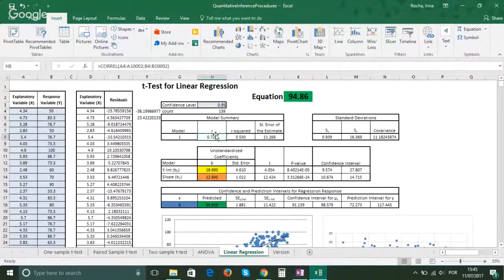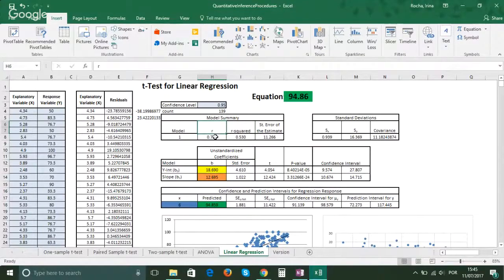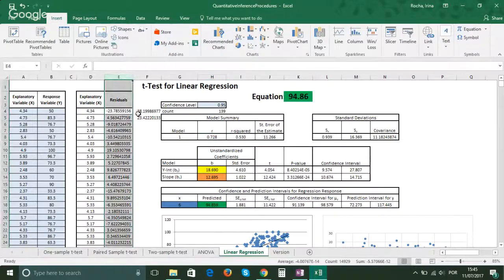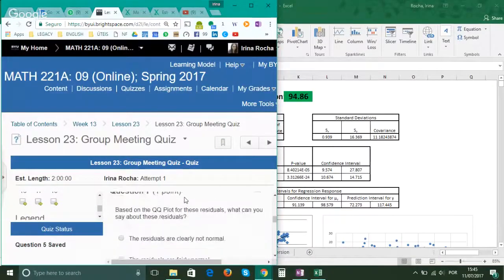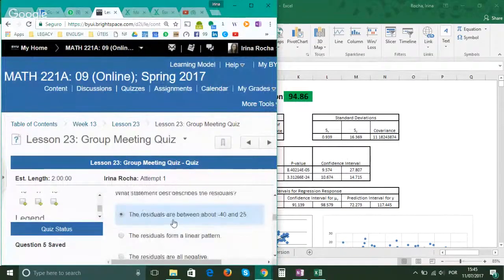So what I did is, because I didn't find, like, we have the residual, I think R, right? I'm not sure if this R is residual or not. I have to check, but I took all this E column, calculated the minimum and the maximum, and got minus 38 and 23. And that's why I chose the residuals are between minus 40 and 25, because they do not form a linear pattern.